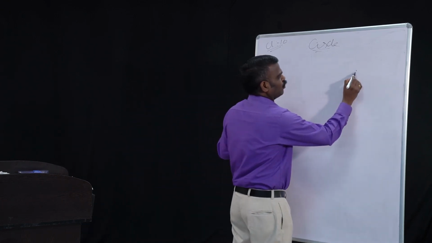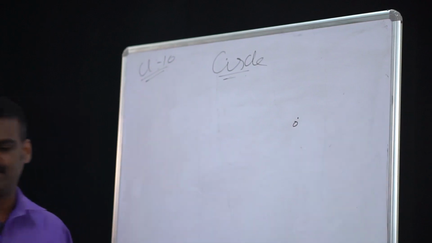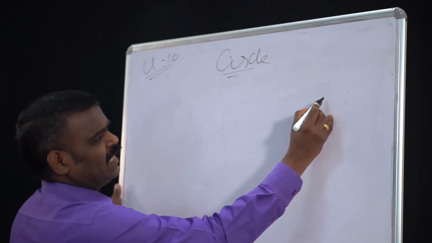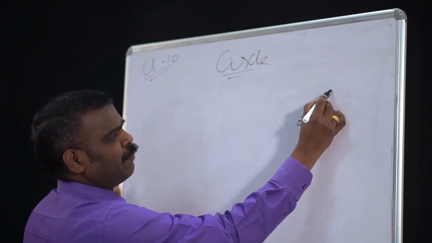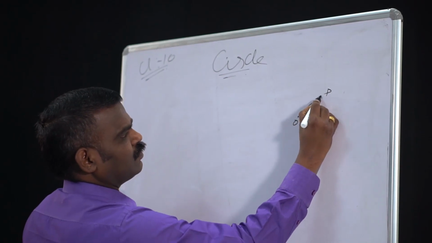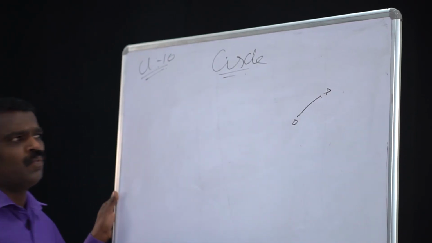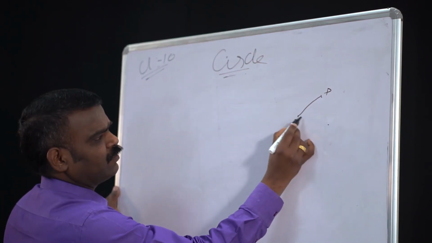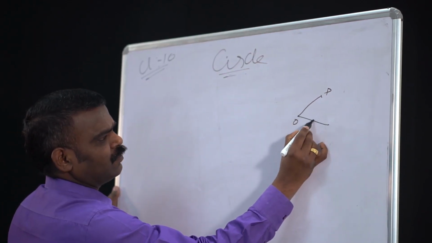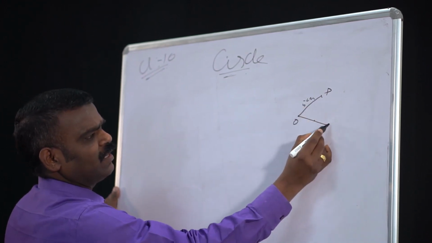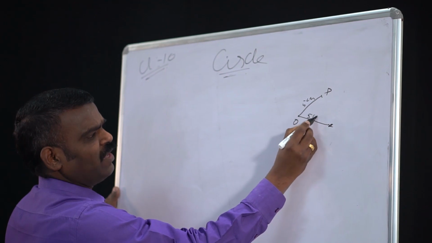From a fixed point O, there is a point P. OP is, there is another point Q. Suppose OP is 5 centimeter, OQ also 5 centimeter.